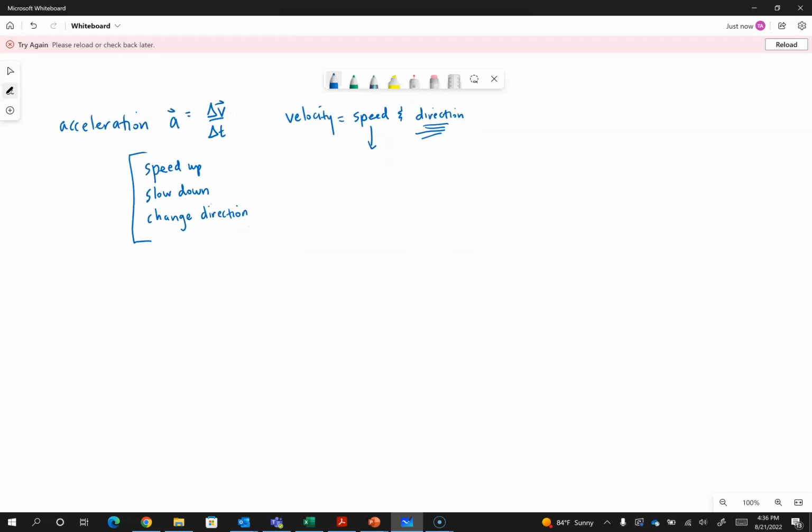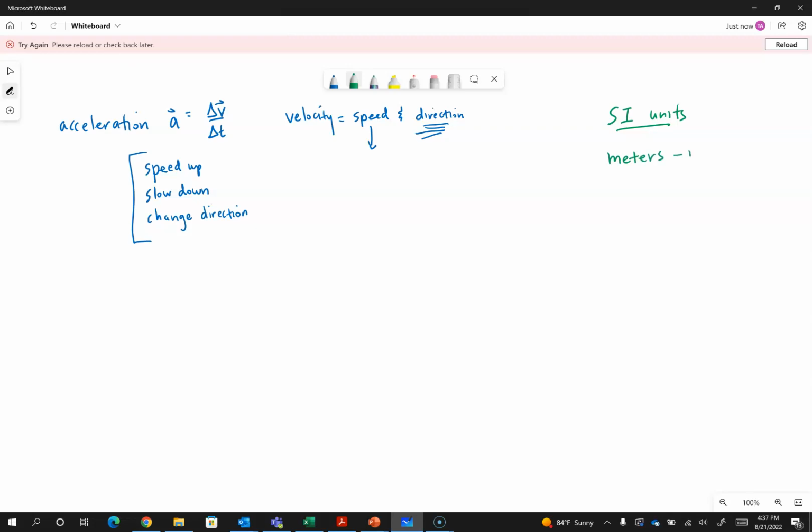Now, when we talk about acceleration and its units, I guess I should mention our SI units. In our course, we are going to be solving problems and giving our answer in SI units, the International System of Units. SI units are meters. So distances are in meters.